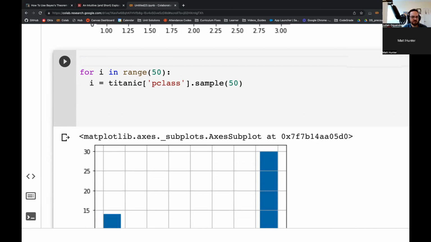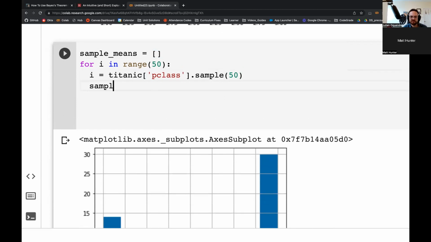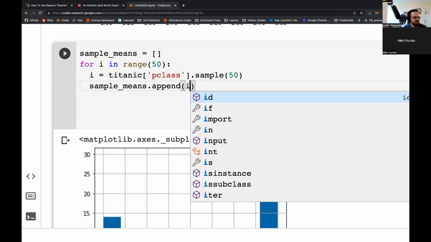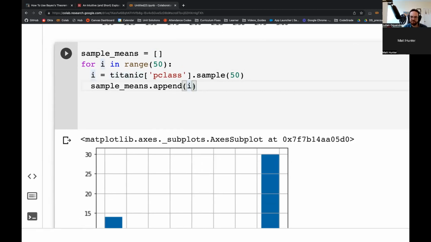As part of this process, I'm going to include these all as sample means. The sample means will all be added to this list of values. So sample means will append my values for i. And within that, what I want is the mean of those samples.